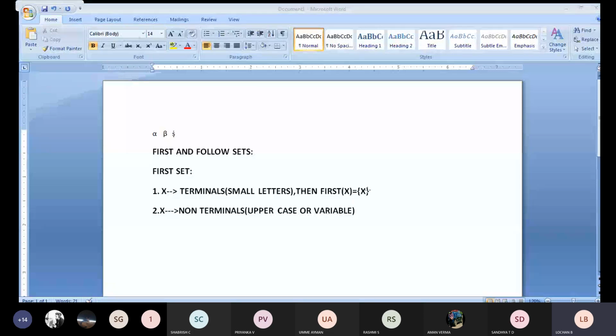What we will be getting next, you have to check whether you are going to get the production X implies Y1, Y2, Y3, up to Yk. If you get a production like this, we will be checking which is the external part and we will be forming that particular operation if it is a non-terminal.